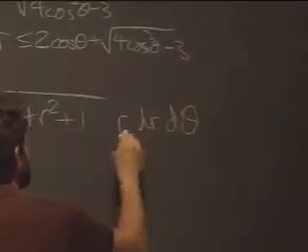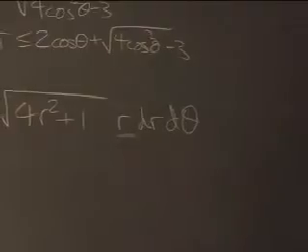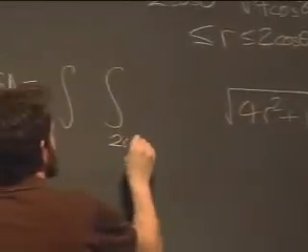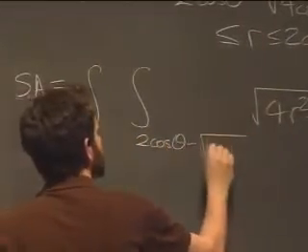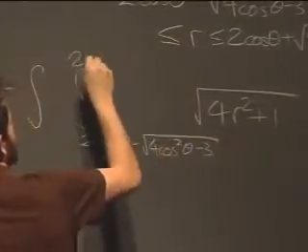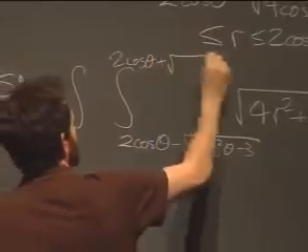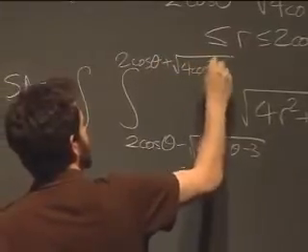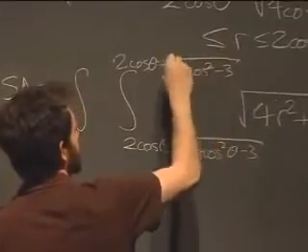Don't forget that r there. And we've decided that r goes from 2 cosine theta minus root 4 cosine squared theta minus 3 up to 2 cosine theta plus root 4 cosine squared theta minus 3. It's really ugly.